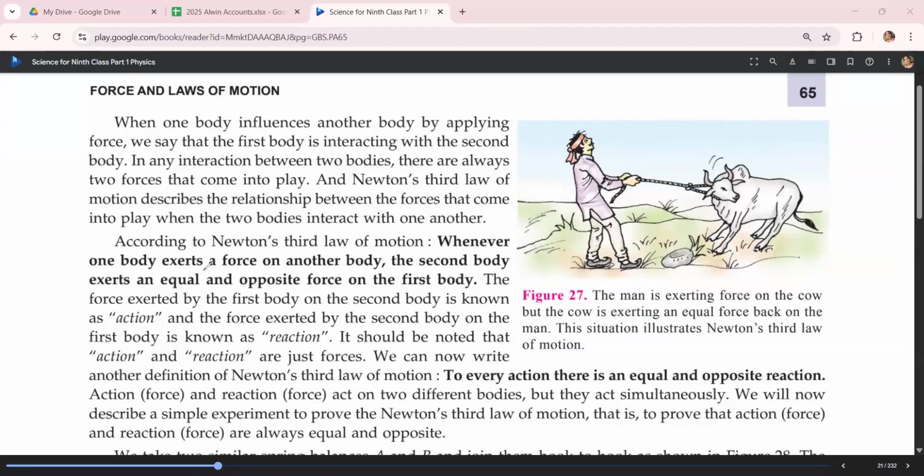Whenever one body exerts a force on another, the second body exerts an equal and opposite force on the first body. The force exerted by the first body on the second body is known as action, and the second body applying the force back on the first body is called the reaction. So after every action, there is a reaction which is equal and opposite. Okay or not?